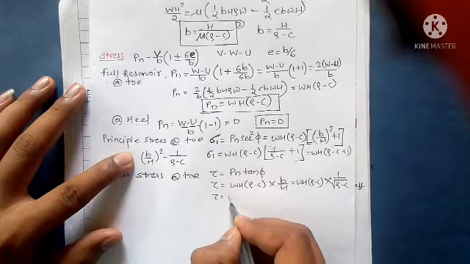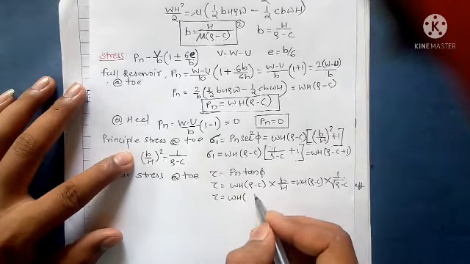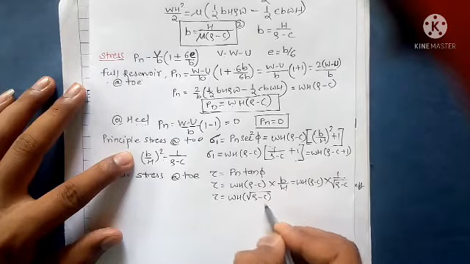So tau at the toe is equal to wH into under root of (rho minus C).